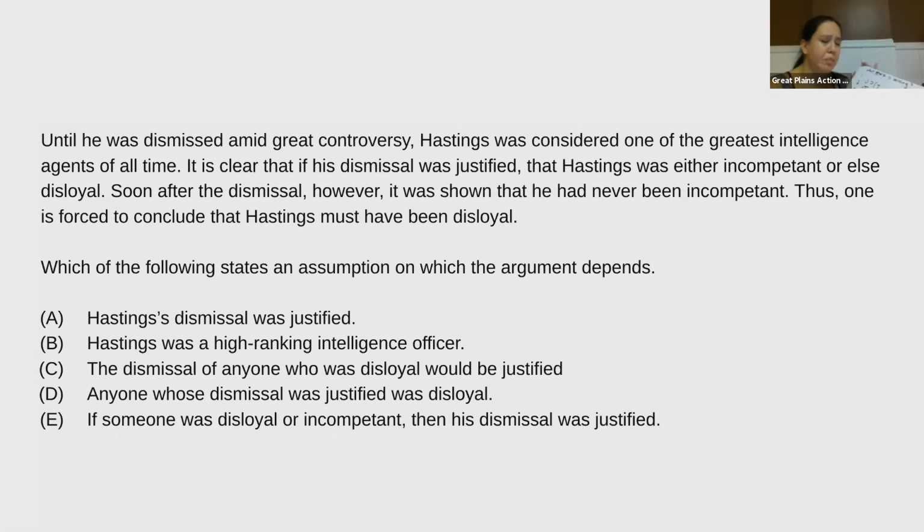To solve this, we look to see where D is in our premises. We see that we have D here as the consequent of a conditional, in a disjunction with I. Well, we have not I here.